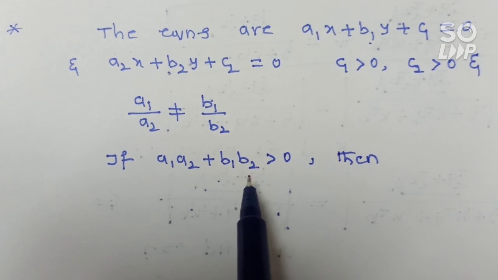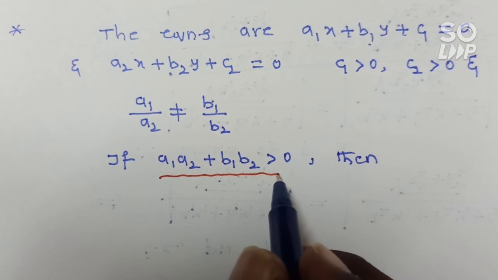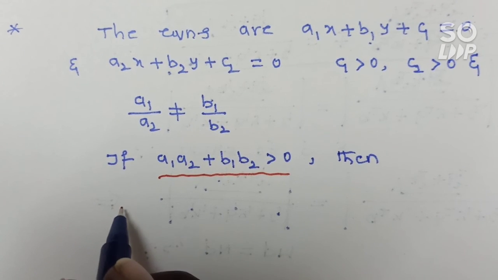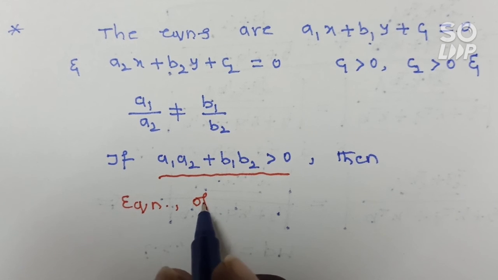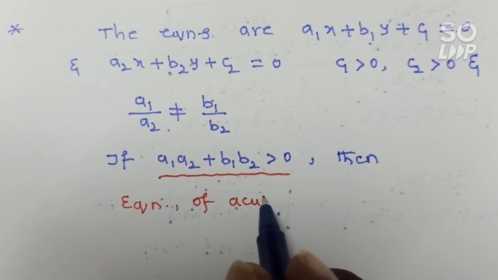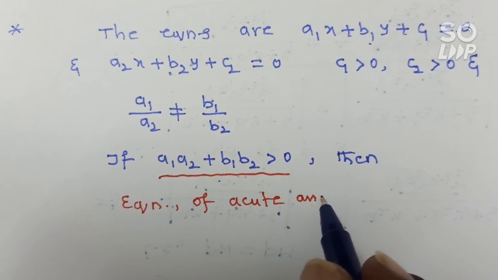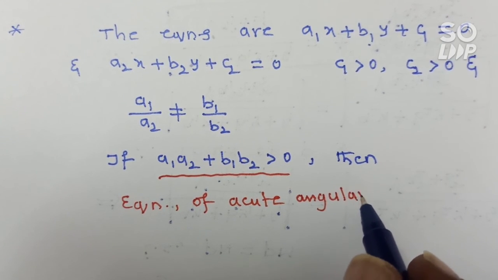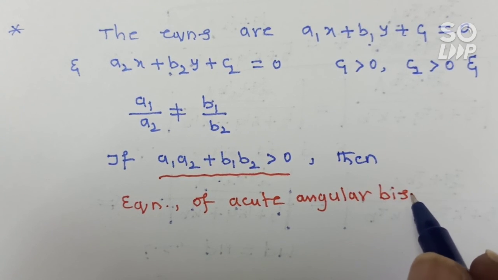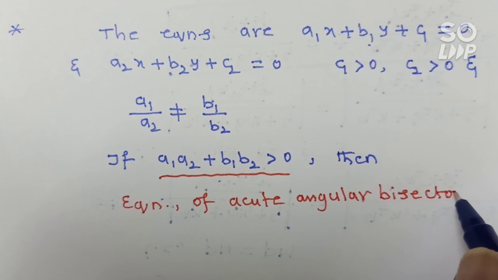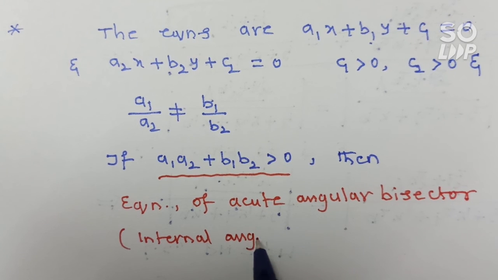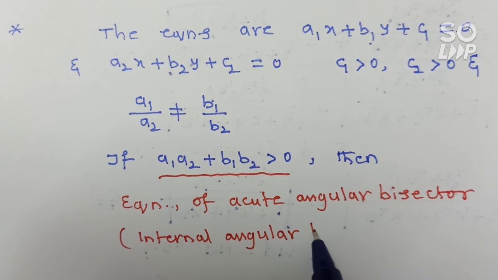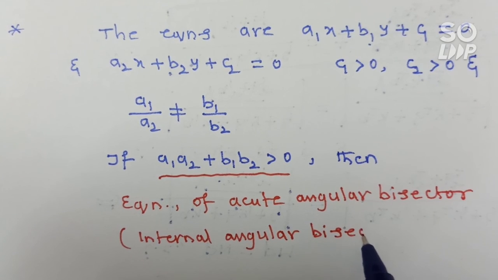If this condition is satisfied, then the equation of the acute angular bisector, or what is the other name, the internal angular bisector, right?